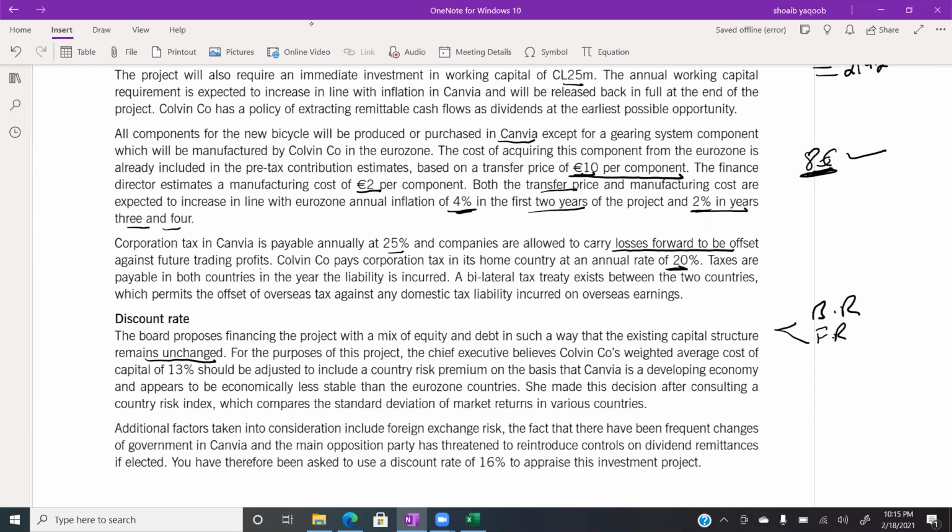So that's why the director is saying that if you want to invest in an emerging country, we will have to increase the discount rate to reflect that risk.